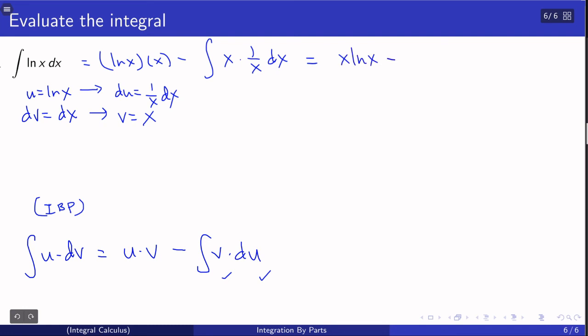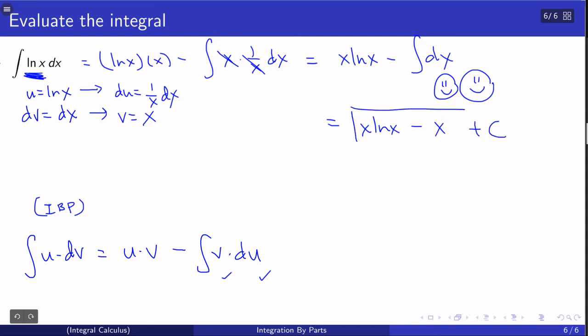Aha! X times 1 over x cancel, and it just leaves me with the integral of dx. Wow, that's so much easier. From the integral of ln x, it's just the integral of 1, which is simply x. So it's x ln x minus x, and then I can add my plus c at the very end.